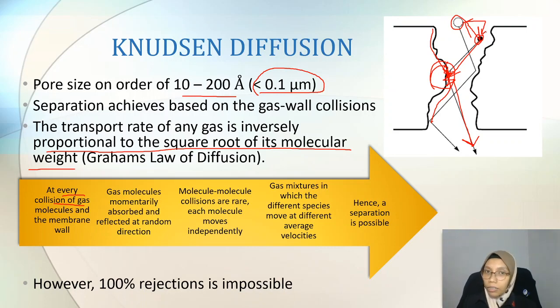However, by using Knudsen diffusion, the separation is quite poor, because your molecules freely move in any direction. Some separation will occur between gas molecules A and B, but it's very low because the molecules can still go further into the pores of the membrane.